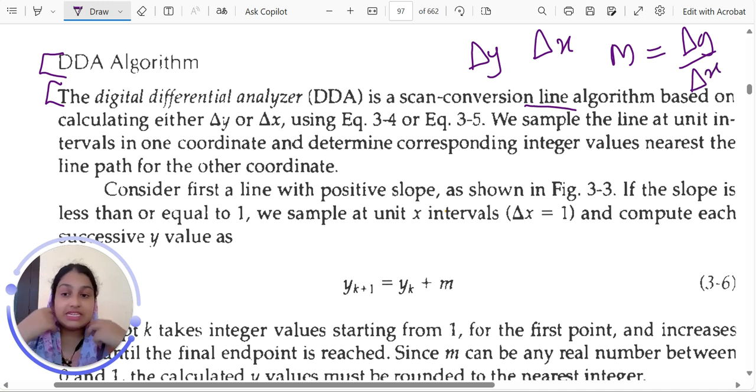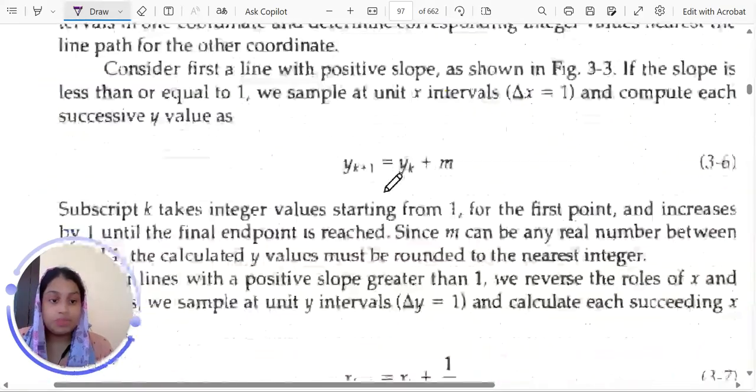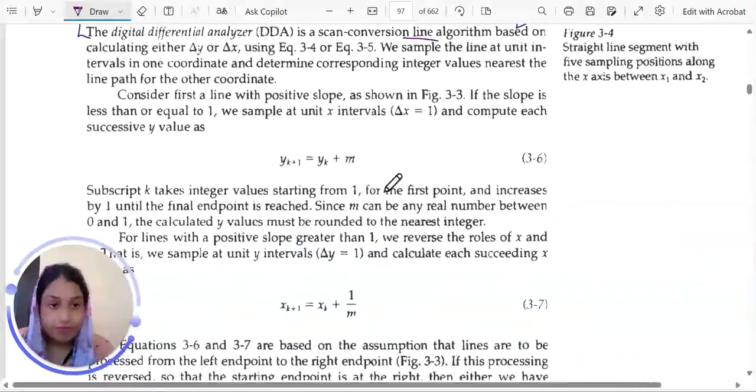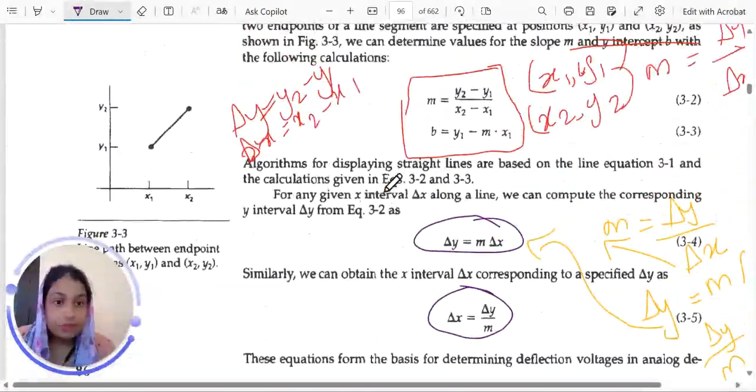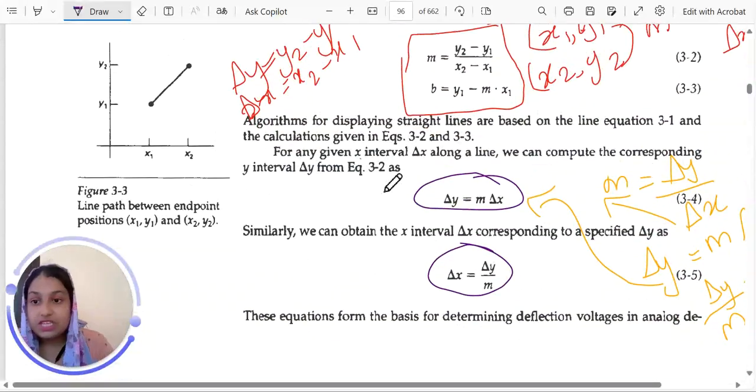Now we sample the line at a unit interval in one coordinate and determine corresponding integer values nearest the line path for the other coordinate. So consider first a line with positive slope, as in figure 3.3. This point is x1, y1, and this point is x2, y2.